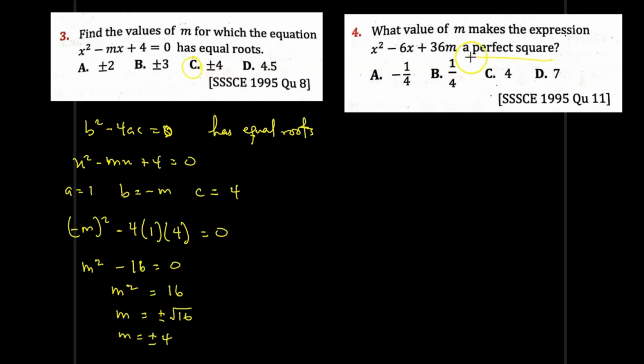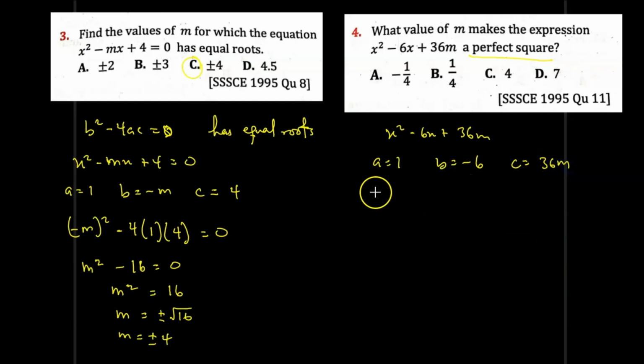So in order to determine the value of m, then again we can still use the discriminant to get the answer to the question. So we can say that if we have x squared minus 6x plus 36m, which is a quadratic function, generating our a, b, c, we have a equal to 1, b equal to negative 6, and then c equal to 36m.